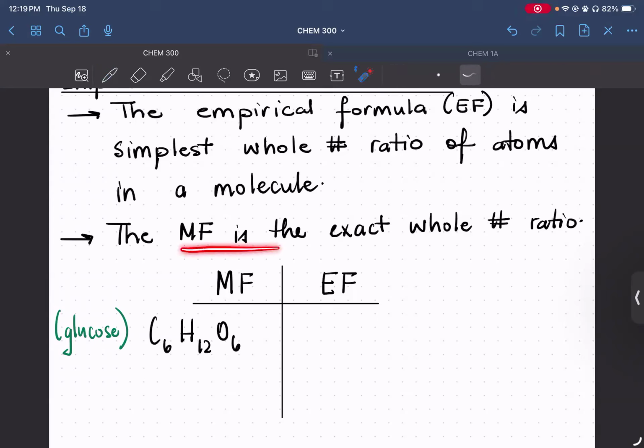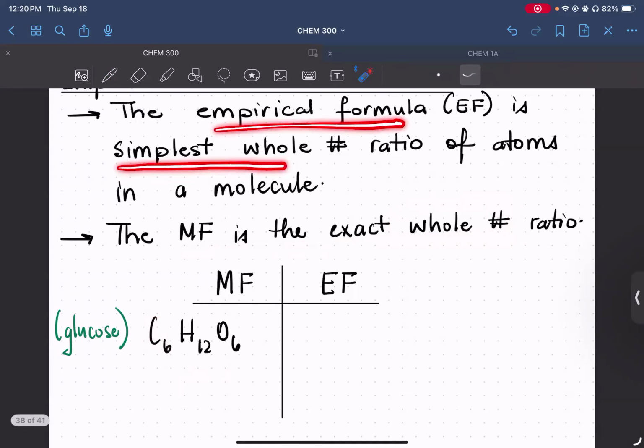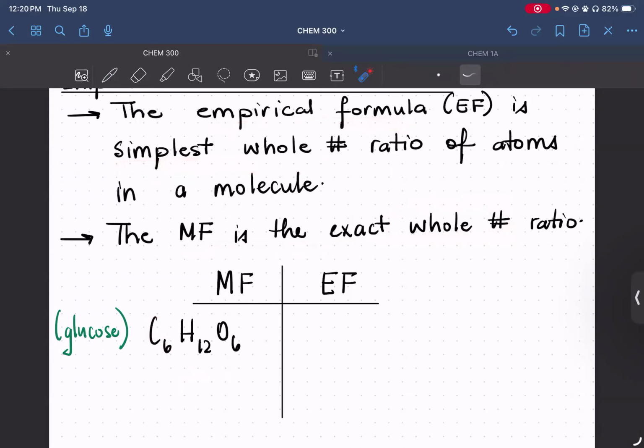The molecular formula is the exact whole number ratio. There are 6 carbons, 12 hydrogens, and 6 oxygens. The empirical formula is the simplest whole number ratio, aka we simplify to CH2O.